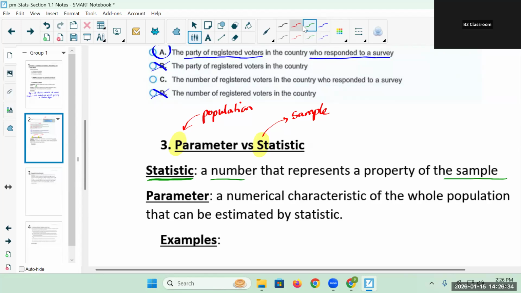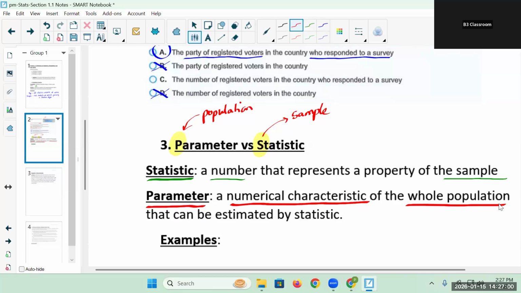Now, a parameter is also a numerical attribute or characteristic, but it's for the whole population. So that will actually go with the population. Now, here's the deal though. Remember what I said, I want to survey all freshmen on campus, but half the people don't respond.